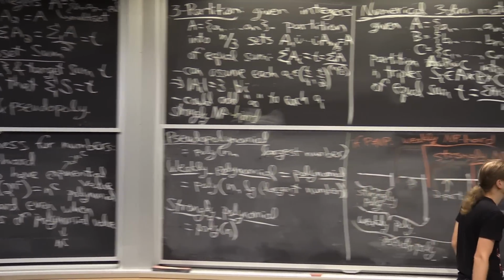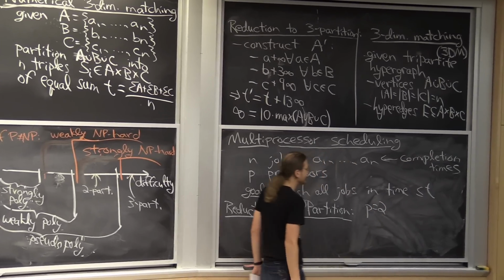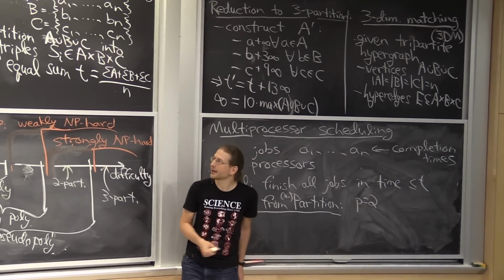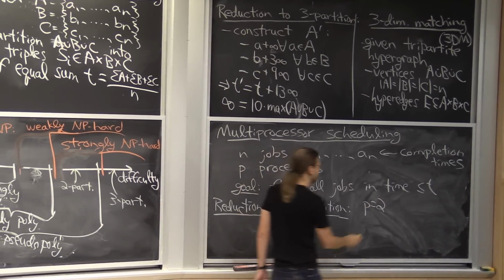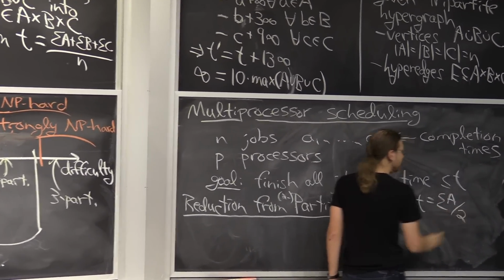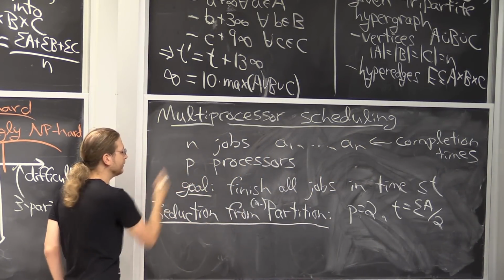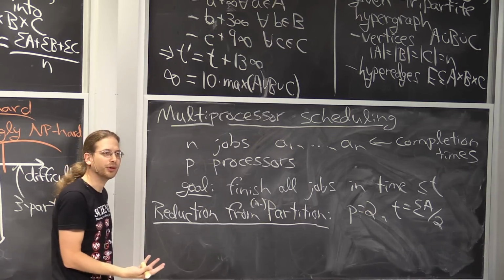Two processors, yeah. P equals 2. That is the reduction. I guess technically I also have to specify what T is. So you set T to be the sum of the a_i's over 2. And you don't change the a_i's, you just leave them alone. So you just feed in the same a_i's into this problem, and that is two-partition.